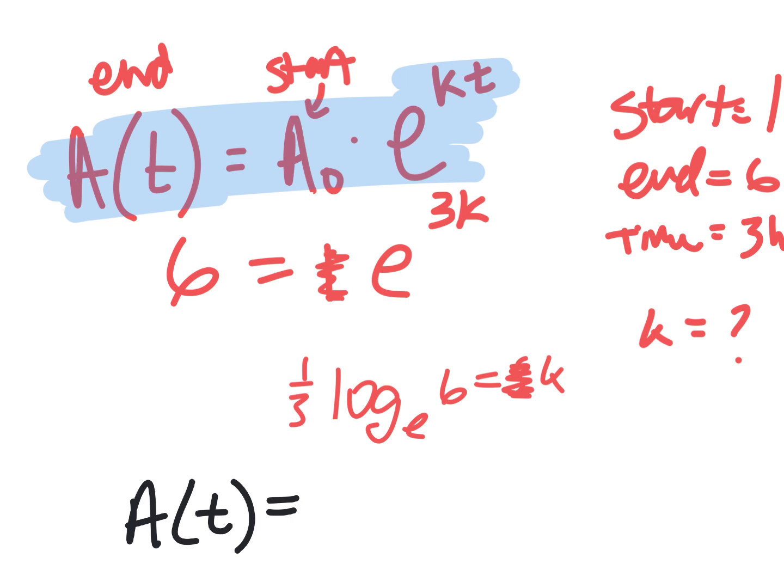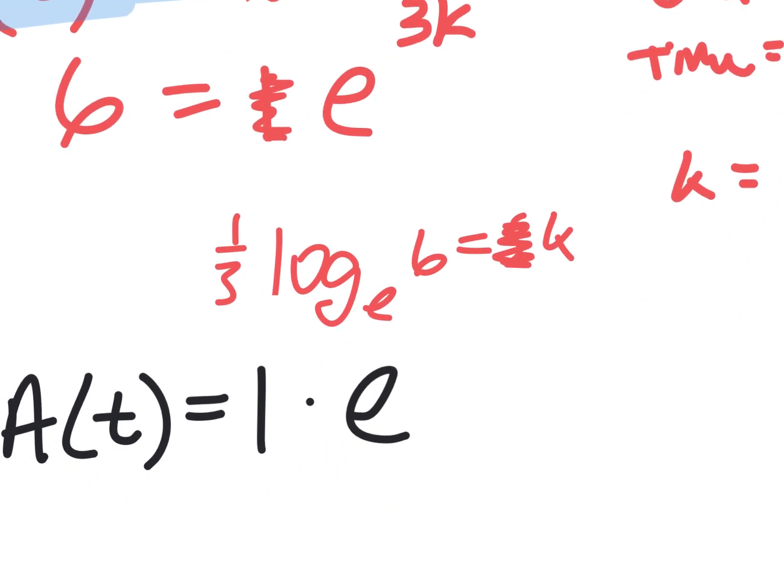A of t. A sub 0 is, oh, it's got to have the same starting value too, in case you didn't know that. We can't just change the starting value, but we can change the ending value. E to the k, which is 1/3 log base e of 6, times t.